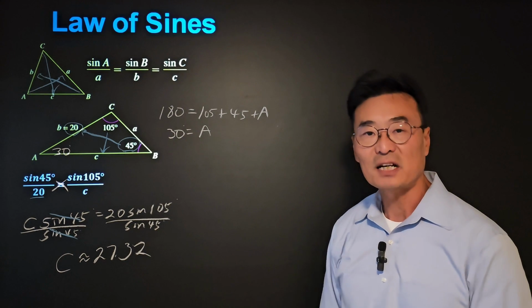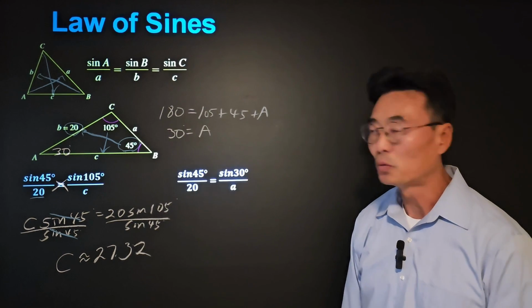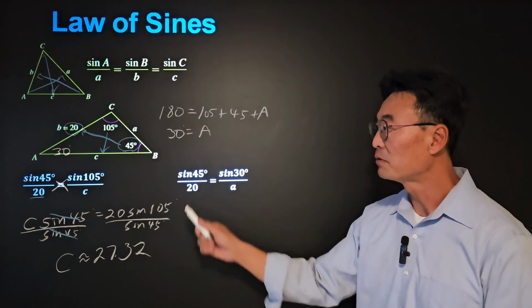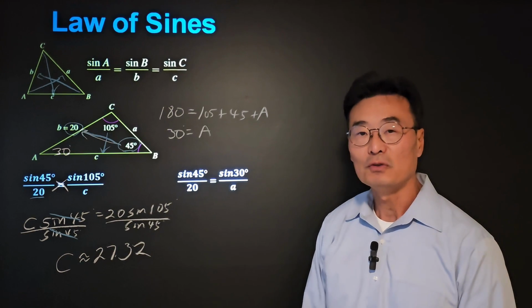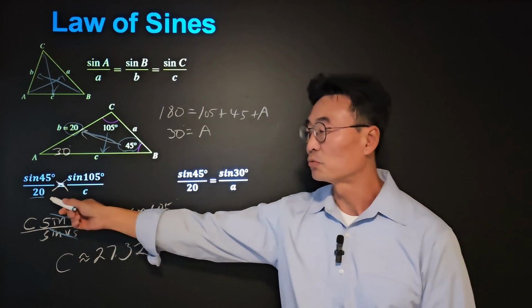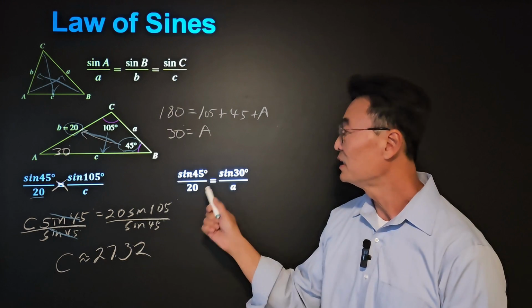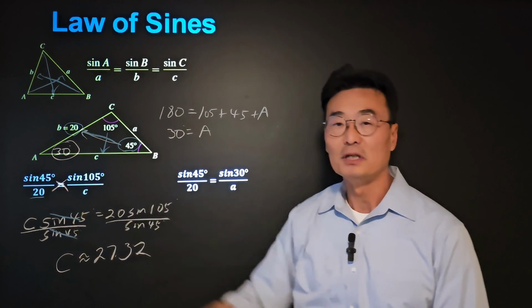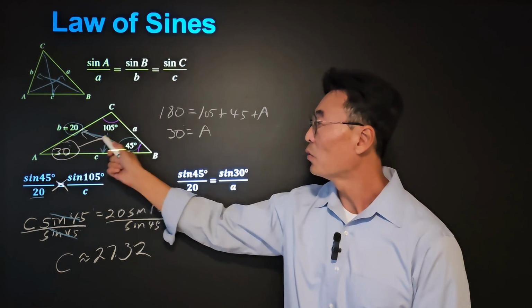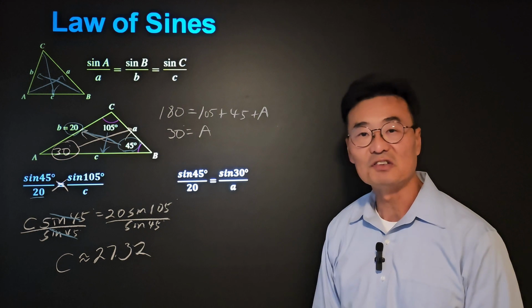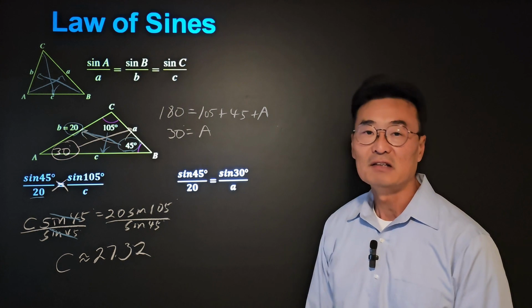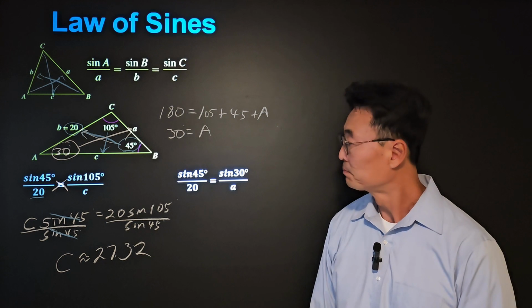Then, using the law of sines once again, we set up sine of 45 over 20, the opposite side, equal to sine of 30 degrees over side a, which is opposite of the 30 degree angle.